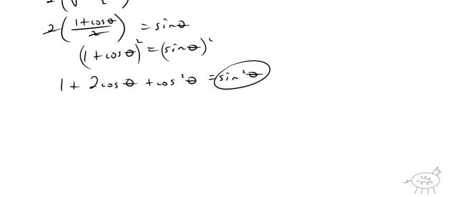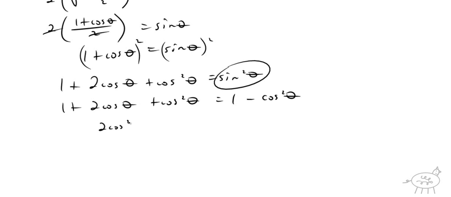Okay, and then I'm going to make this into 1 minus cosine squared of theta. And the 1's cancel because I subtract 1 from both sides, and so I wind up getting 2 cosine squared of theta plus 2 cosine of theta equals 0.